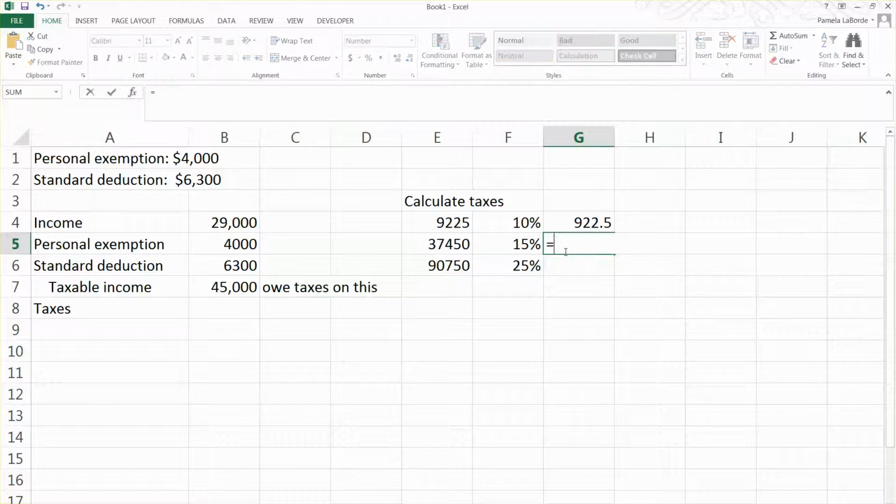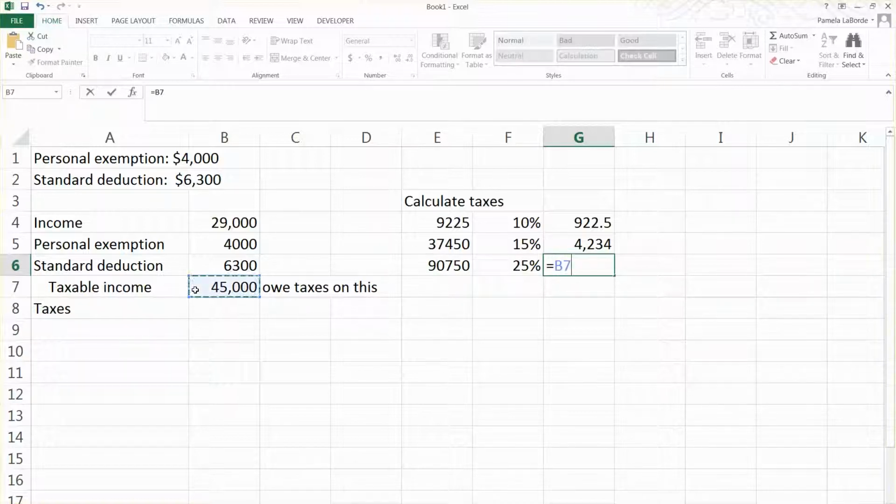So what I would do is take 37,450, subtract the 9,225. That's going to give me $28,225, and that's the amount that's taxed at 15%. And then any amount above 37,450 but below 90,750 is taxed at 25%.